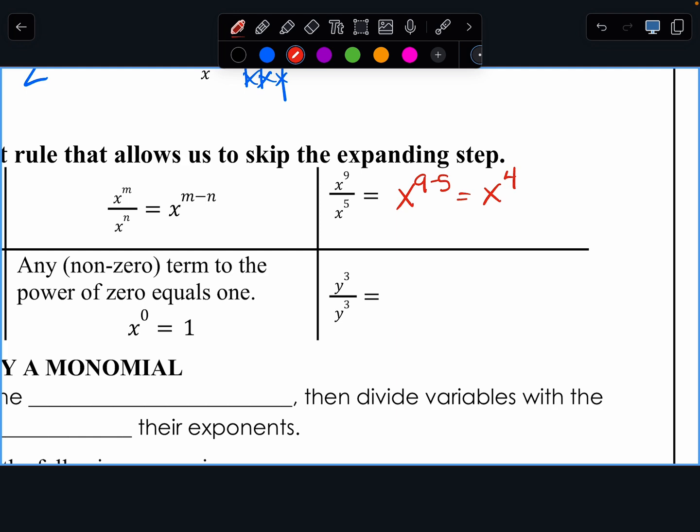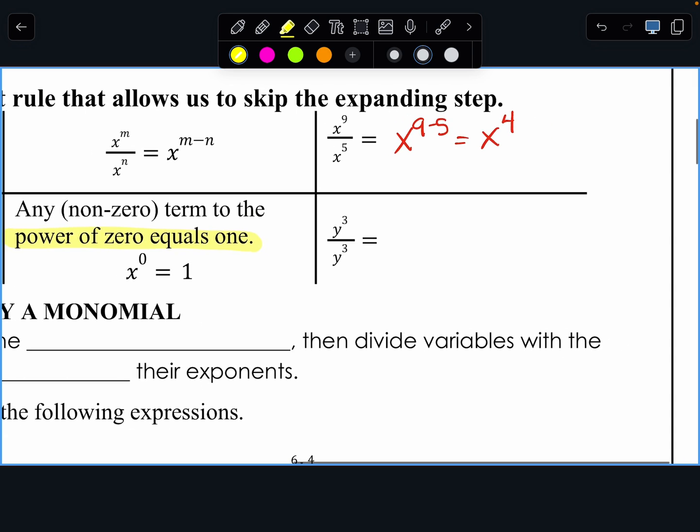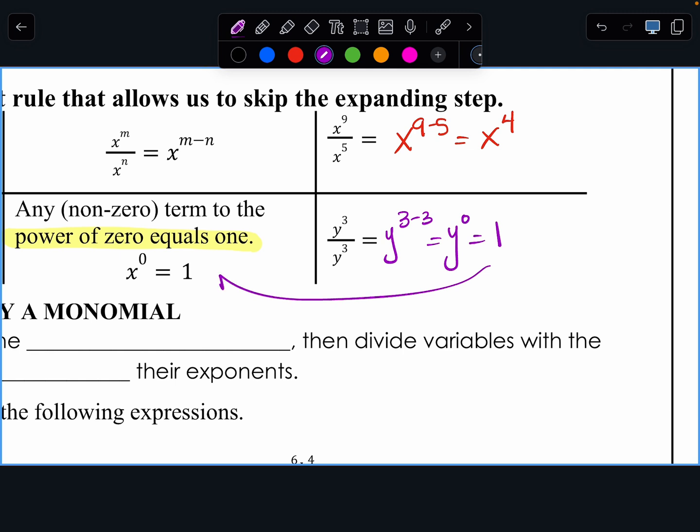That's it. Now there is one that's a little tricky. Anytime that you have anything to the power of 0, it equals 1. Well, why? So when I do this, this is y^(3-3). So we're subtracting. That's y^0. And I told you the rule says that it has to equal 1. How does that make sense?